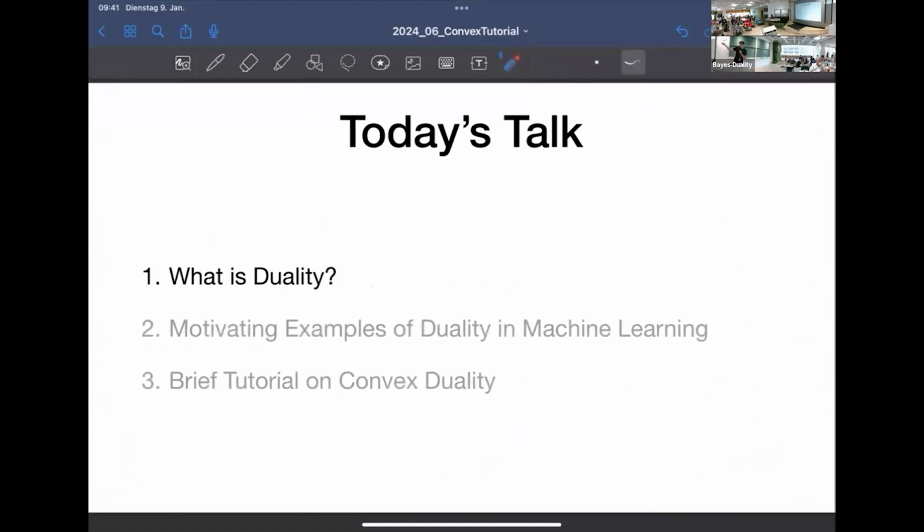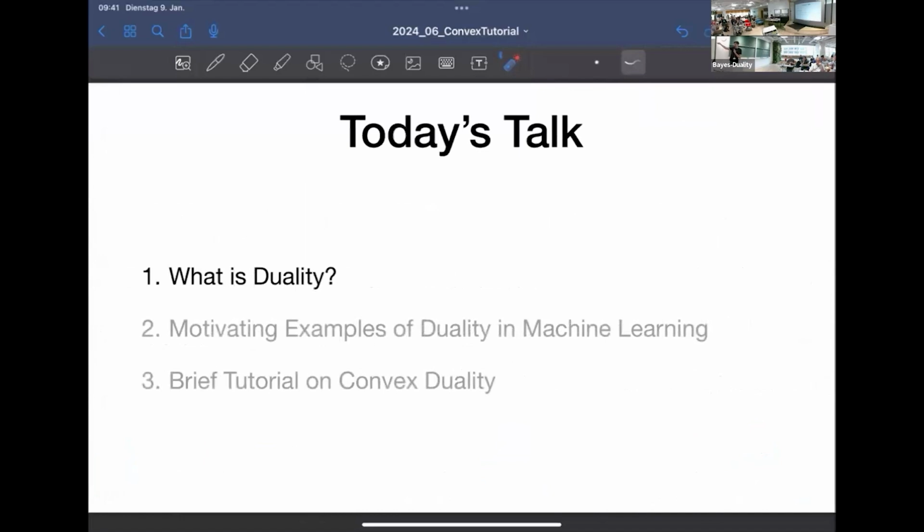We can start with a discussion: what is this duality? What does it even mean? Yesterday, in Alex Immer's talk, there was a really nice example of duality that was actually useful in computation.